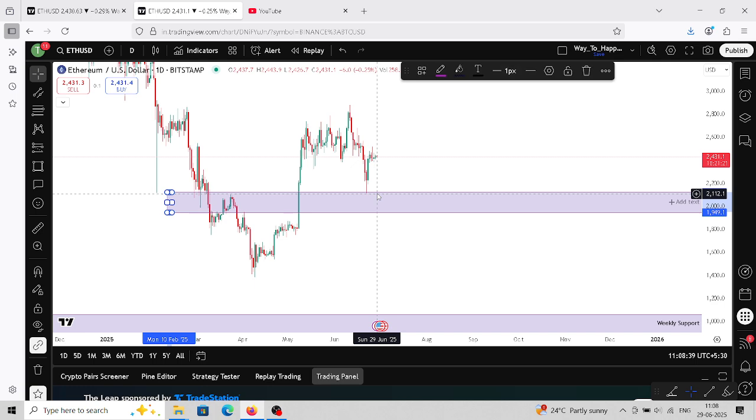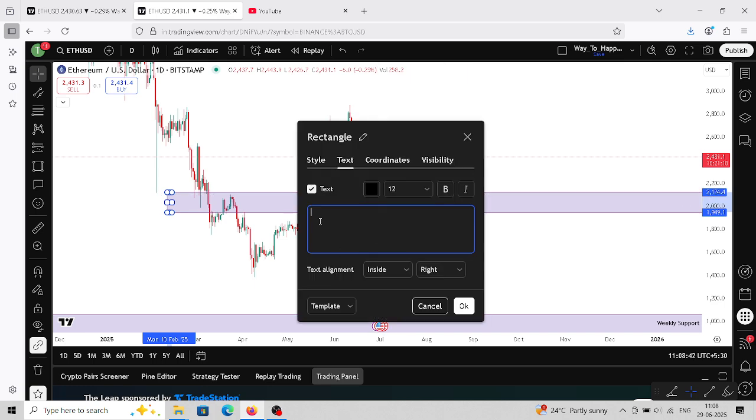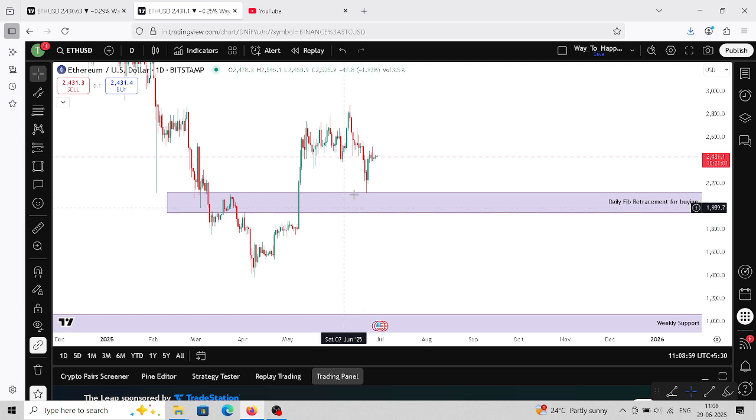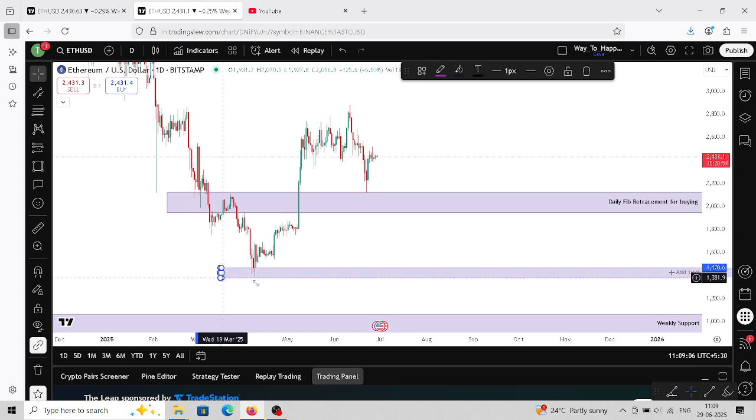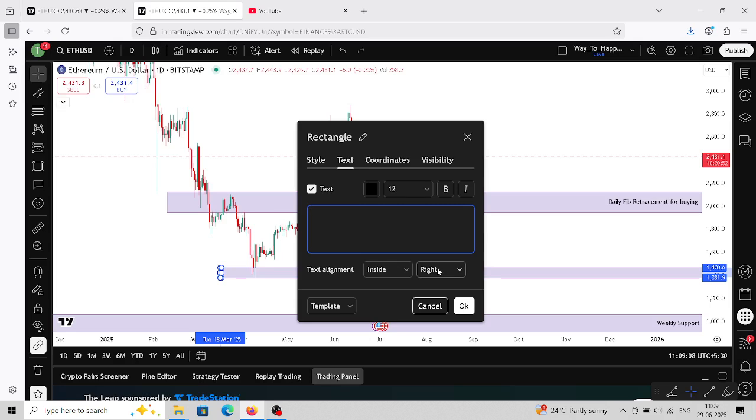I didn't know the price would stop here, but the prices are still stopping here. So this is my daily fib retracement for buying. If the price has to go up from here, it is for buying. But if it crosses this, there will be a bigger selling till here, which is nothing but my daily support.